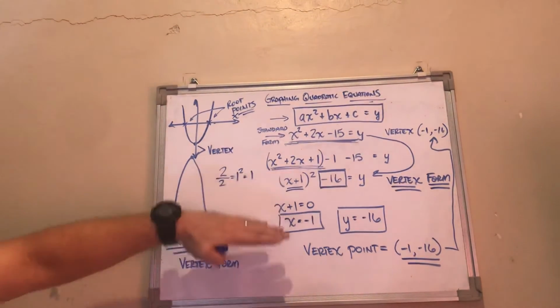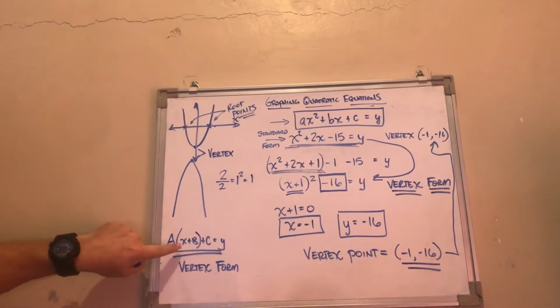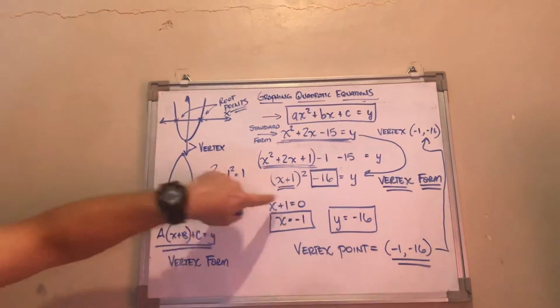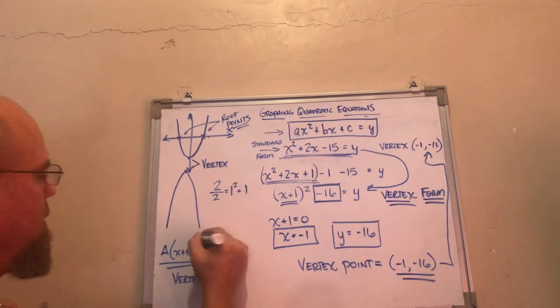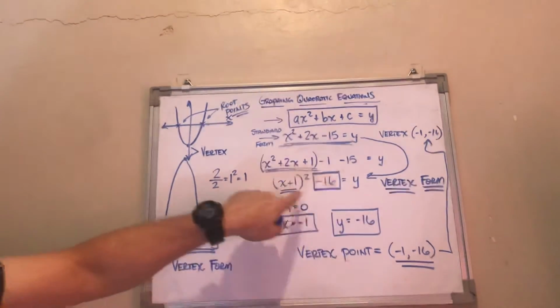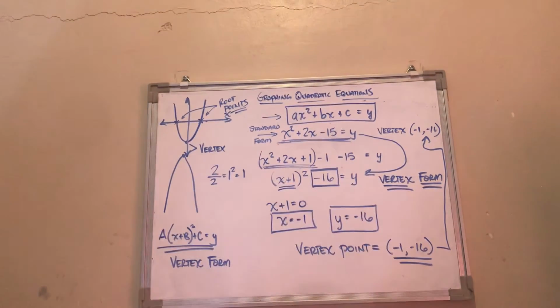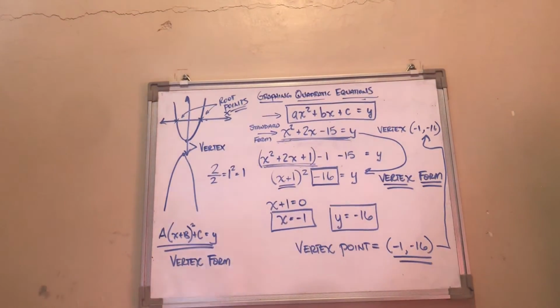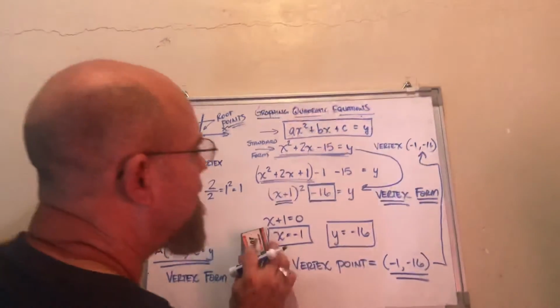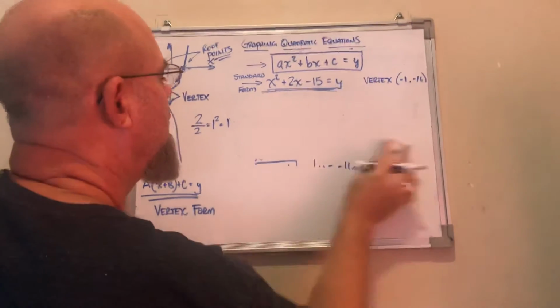So when we put it into a vertex form, where x plus b squared plus c equals y, it's very easy to find the vertex, all right? So let's look at that again. Let's try that again. I'm going to give you another vertex form, all right?